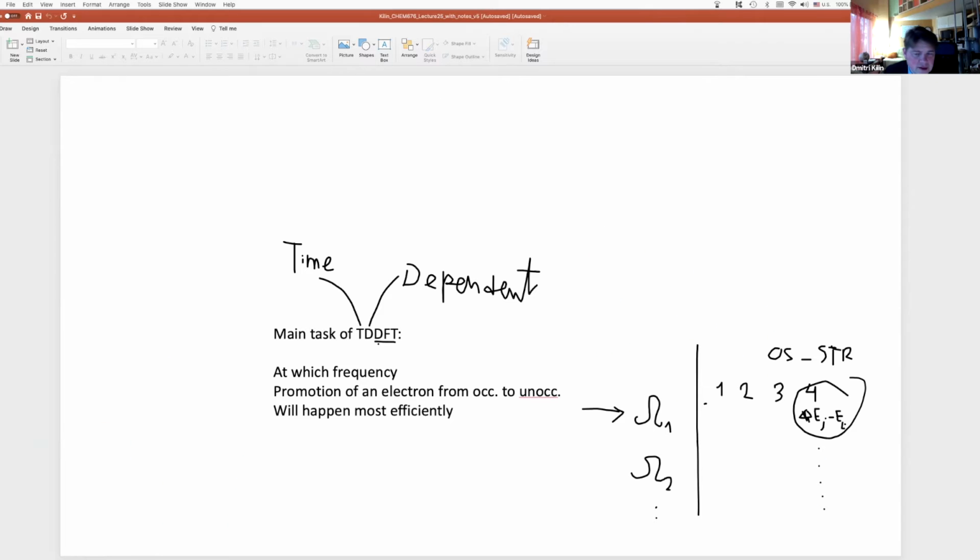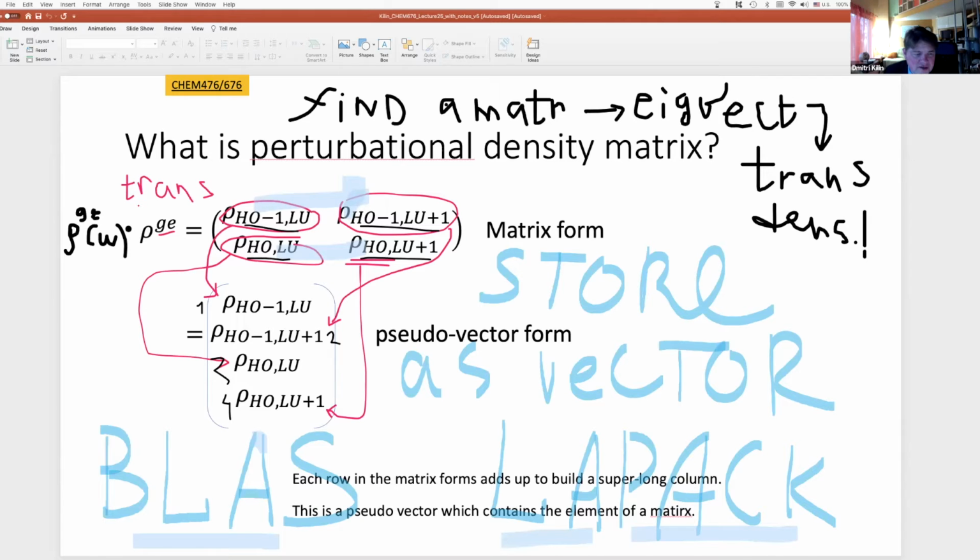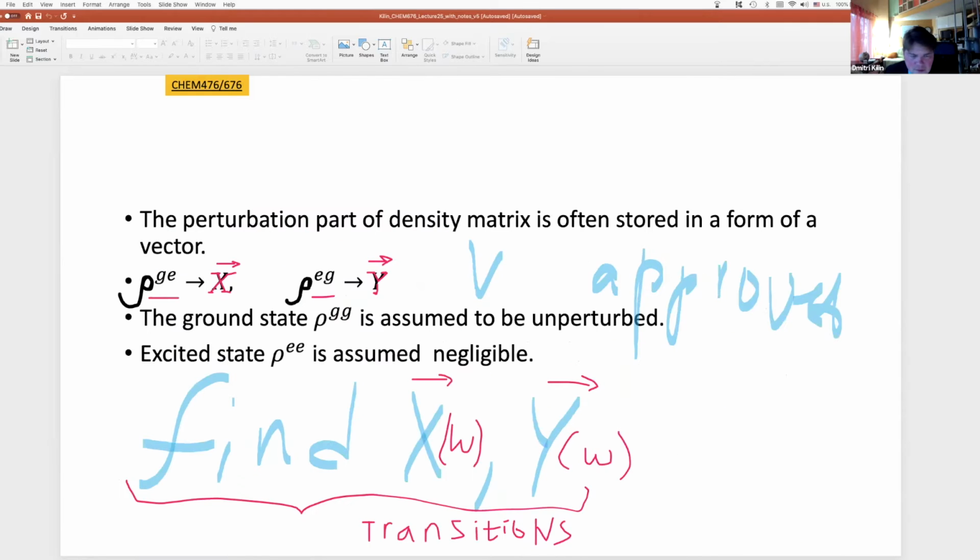An additional thing is to find the transition density or transition density matrix that corresponds to each specific excitation. In density functional theory, these transition density matrices are stored as vectors, referred to as letters X and Y for absorption and emission.